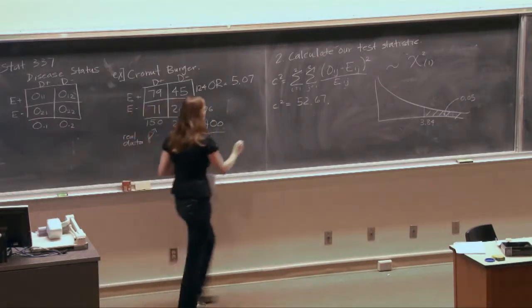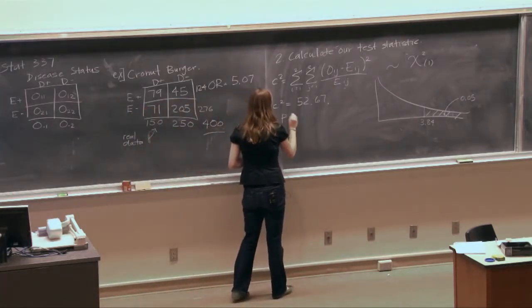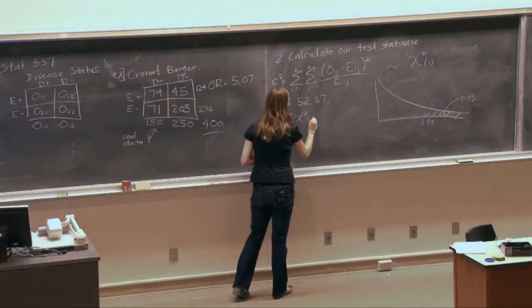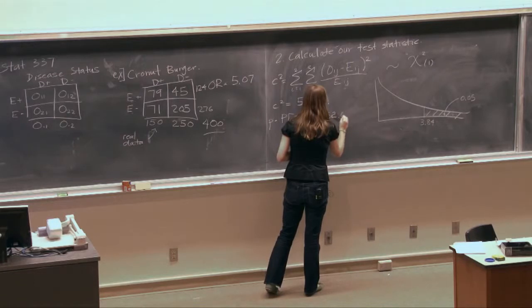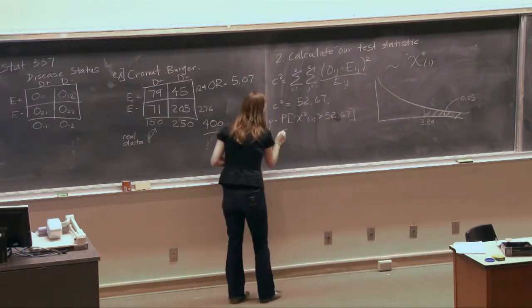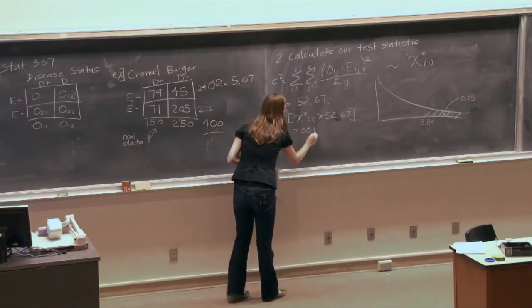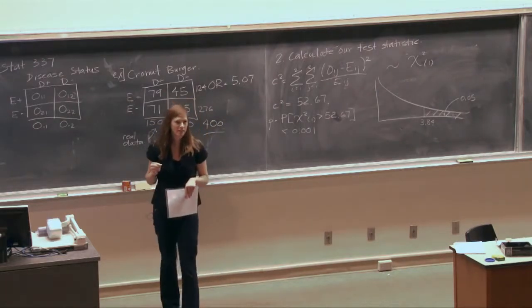So if we get a p-value, the probability that a chi-square 1 is bigger than 52, that's going to be less than 0.001.